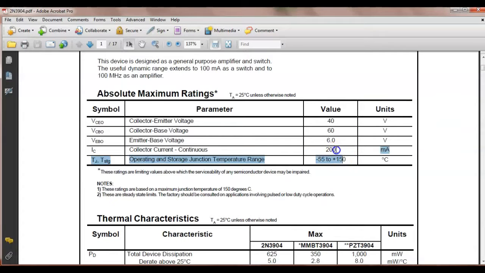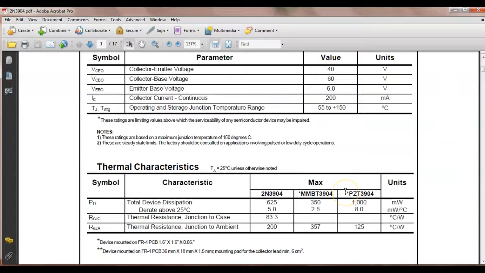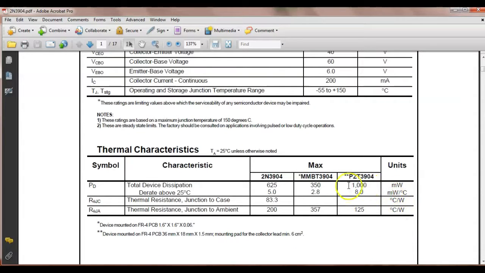So it's rated at 200 milliamps, but it looks like we didn't exceed that. But when we look down here at the power rating, it's only rated at what? Well, we should have been okay. It's supposed to be rated at, what did we come up with? 700? Yeah, so we're about 300 milliwatts over.